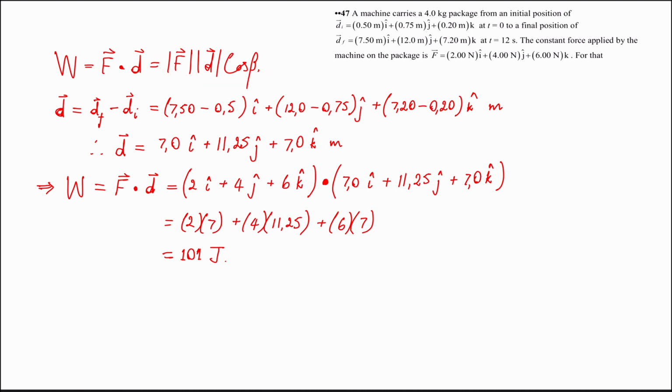Of course, we can always calculate the magnitude of the force. That's very easy. We would square the components, add them up, and take the square root. And the same with the displacement vector: we would take the difference and calculate its magnitude. So these two things can be computed. But what about beta? That is, what is the angle between this force and the displacement vector?